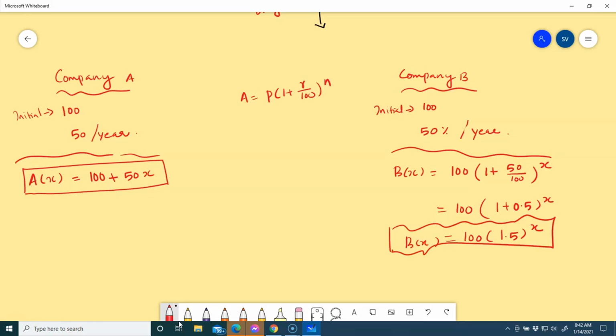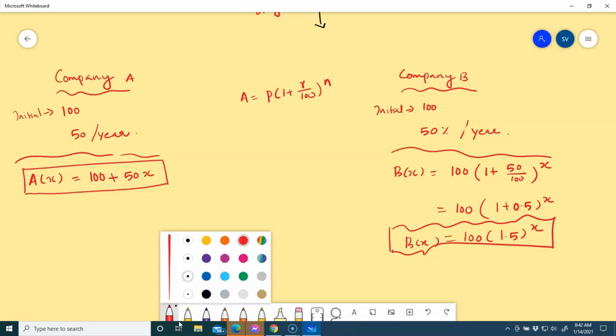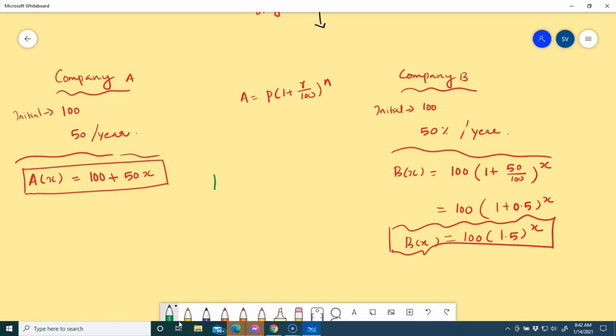At this point you can check which company will be the leader after 10 years. So how can you find it? What you need to do is replace x with 10 in both cases, because we are looking for 10 years. So x is equal to 10 in both equations.